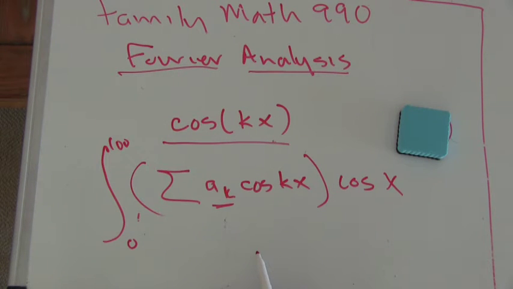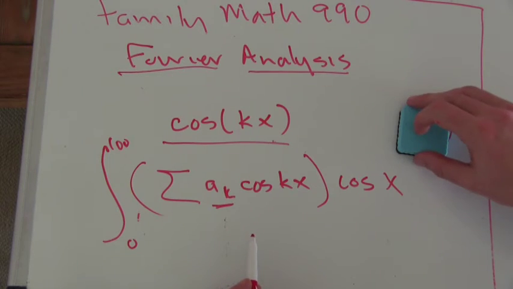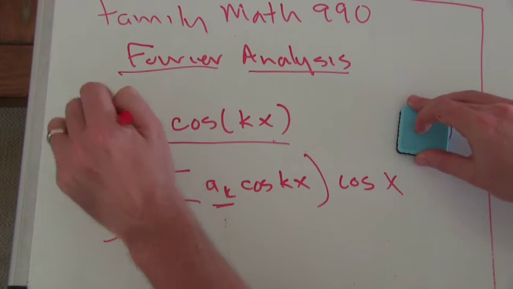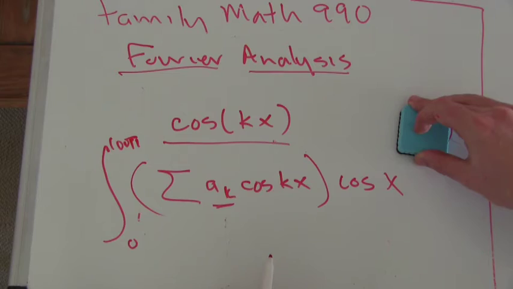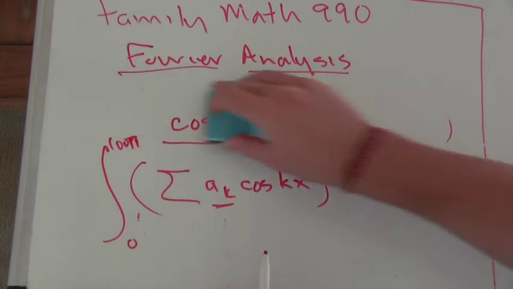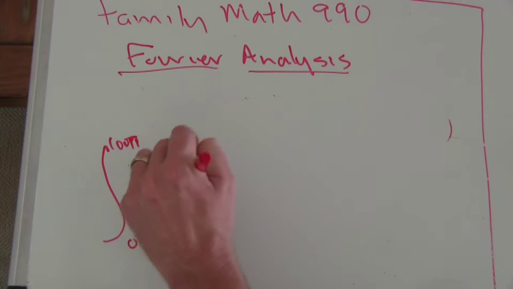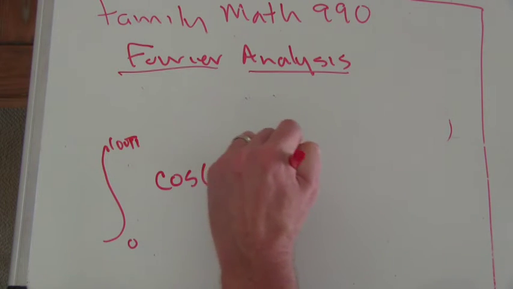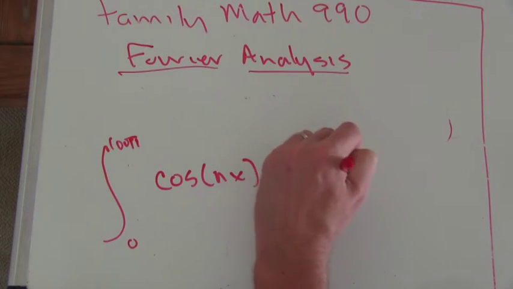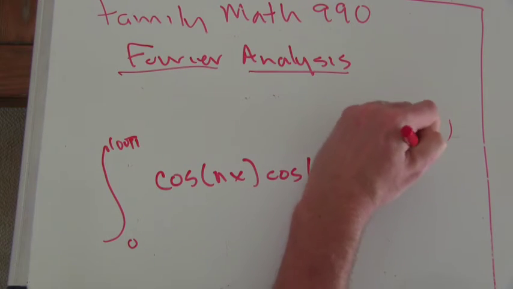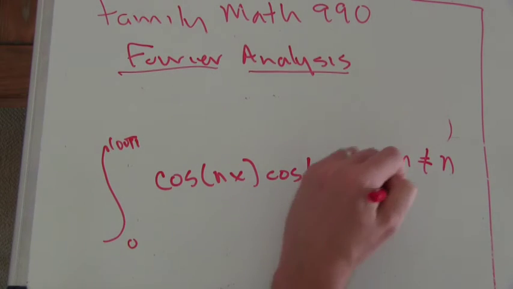I'm oversimplifying a little bit. But an amazing thing happens here. When I take the integral, I better make it 100 pi or something so I get the right cycle length. When I integrate cosine of nx times cosine mx, for m not equal to n, I always get 0.